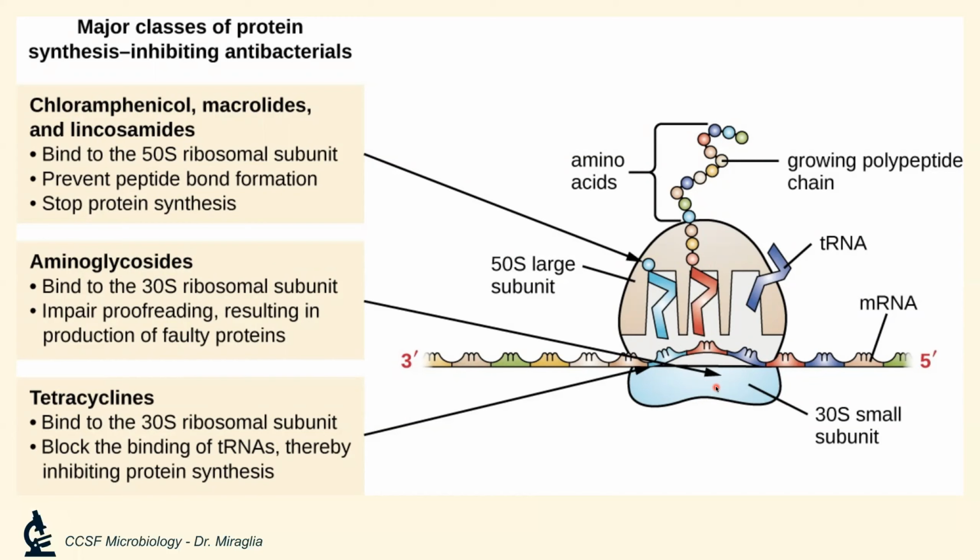That's also really effective. And then tetracyclines, which you've probably already heard of, bind to the 30S ribosomal subunit, but they block the binding of transfer RNAs. So when that happens, you can't get your new amino acids brought to the ribosome, and you can't synthesize protein. All of these are different ways that these protein synthesis inhibitors work.